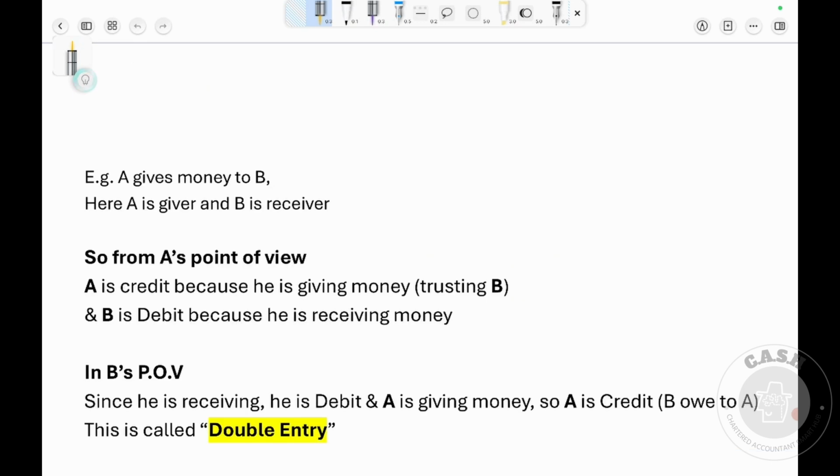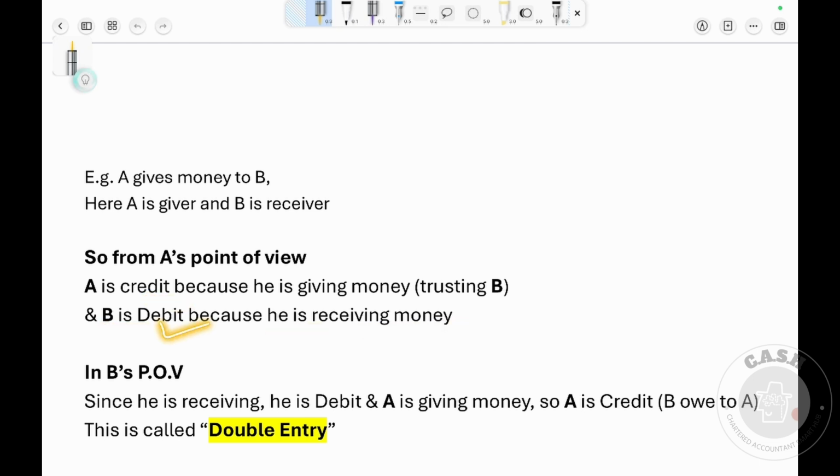For example, A gives money to B. Now, A is the giver and B is the receiver. From A's point of view, A is credit because he is giving money, so trusting B. The personal account says credit the giver. B is debit because he is receiving money.